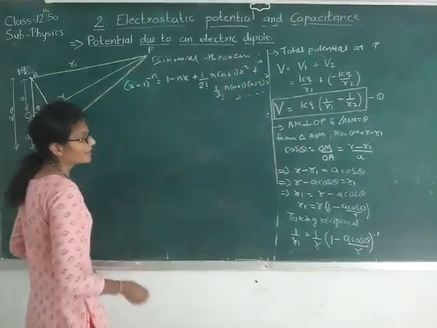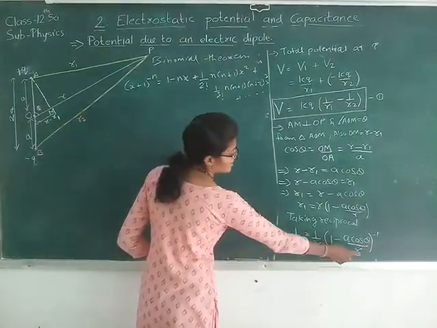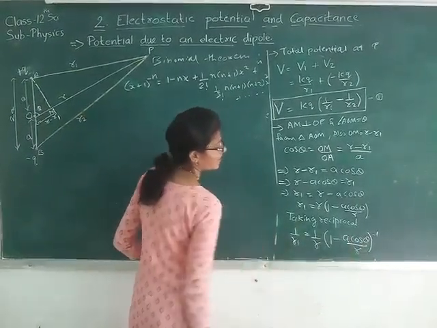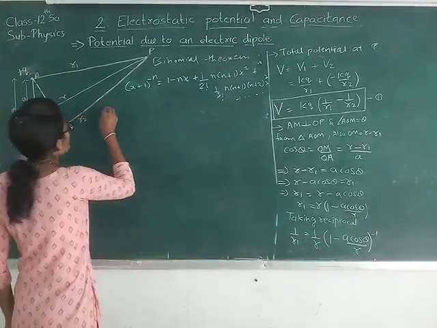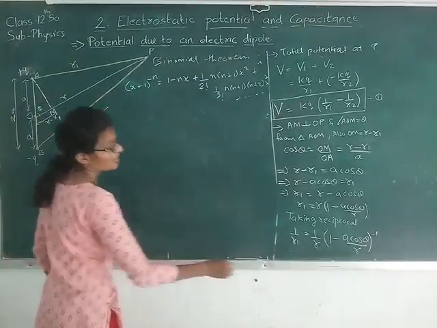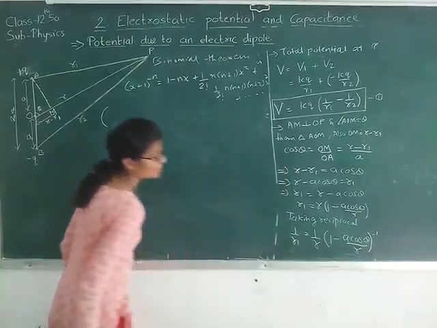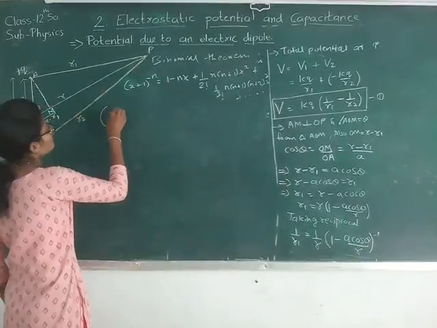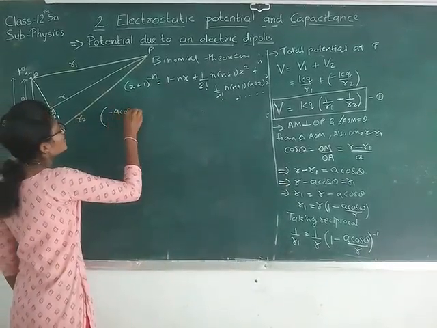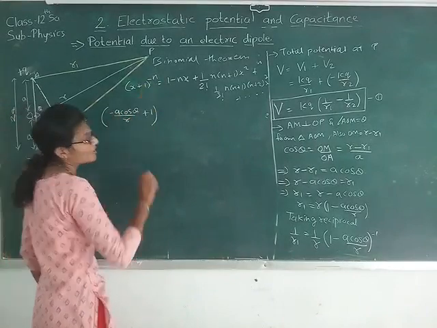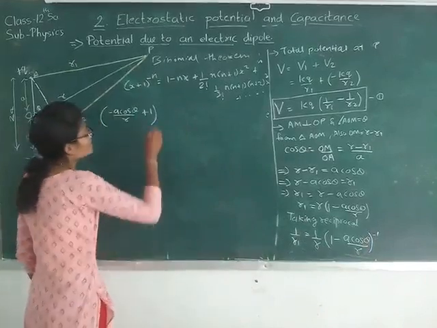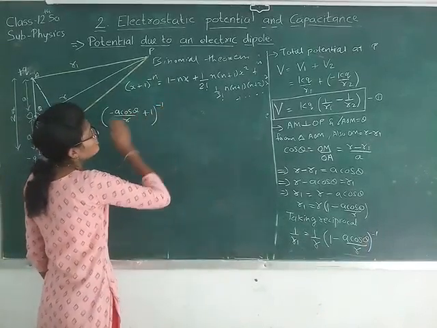Right? Here we are having the x term as minus a cos theta by r. So instead of x, I am having minus a cos theta by r, and instead of n I am having 1.